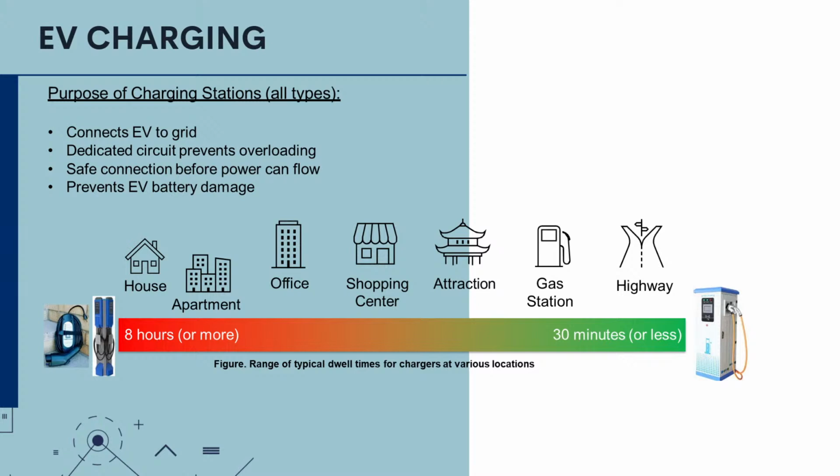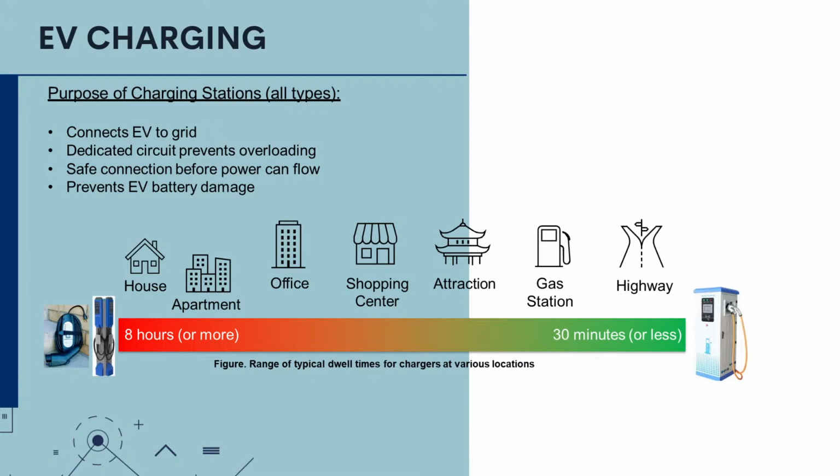It helps prevent overloading and ensures a consistent power supply for charging. Next, a safe connection before power can flow. Before any electrical power can flow into the electric vehicle, a secure and safe connection must be established between the charging station and the vehicle. This ensures the charging process is safe for both the vehicle and the user.